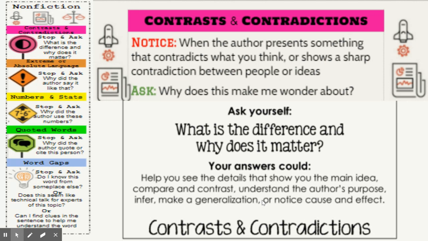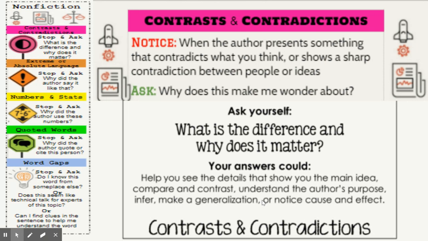Those are the kind of words that they're going to be using. When you see these, you want to stop, highlight that section, and then ask yourself, what does this make me wonder about this topic? Why are they choosing these two things to show me a contrast in this particular article?